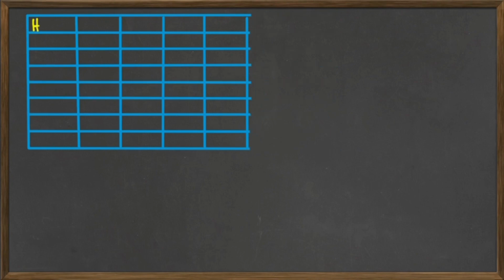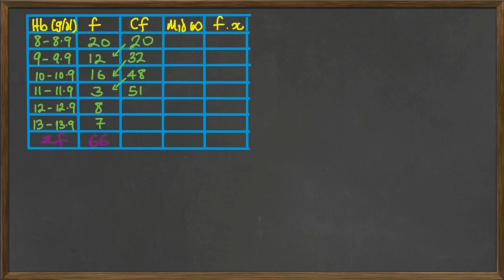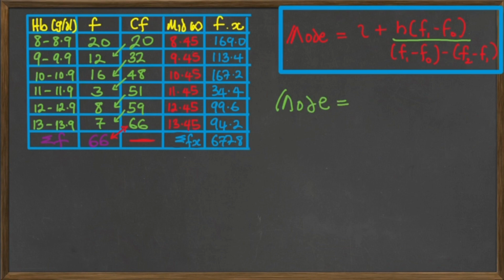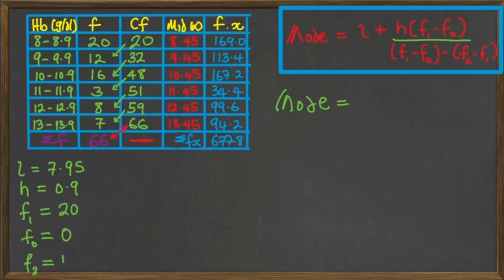All right, awesome. So we're just going to put up this table again, and then the next thing we want to do is to put up all these values. We have L equals 7.95, H equals 0.9, F1 we said was 20, F0 is 0, and F2 is 12.